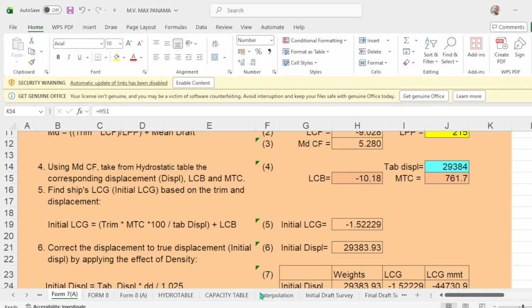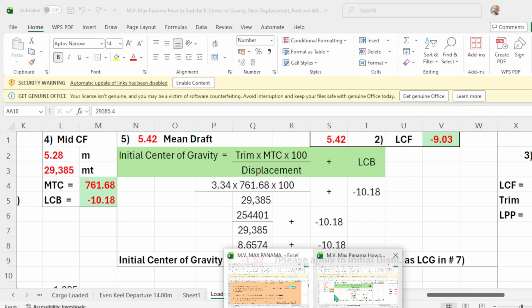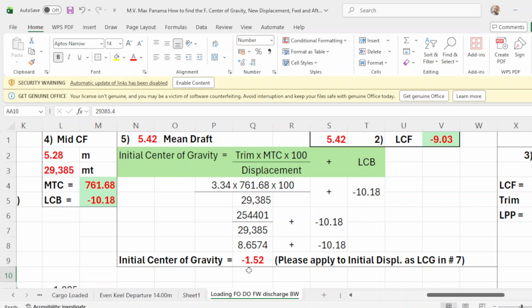So what you got here, number 5, your initial LCG is negative 1.5222, but I got here just round it up, it will be negative 1.52.